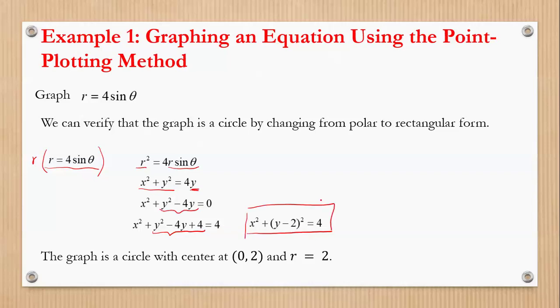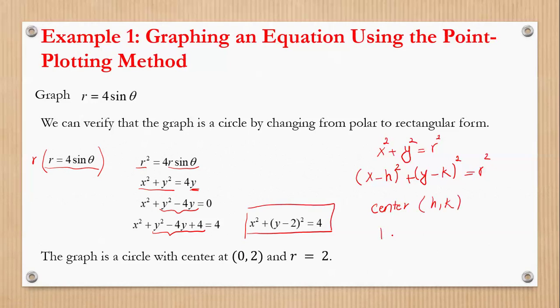And this is the exact equation of a circle, because we said that the equation of a circle is x squared plus y squared equal to r squared. If we have numbers inside the parentheses next to the x and y, like this, h and k are the coordinates of the center, and r is the radius.